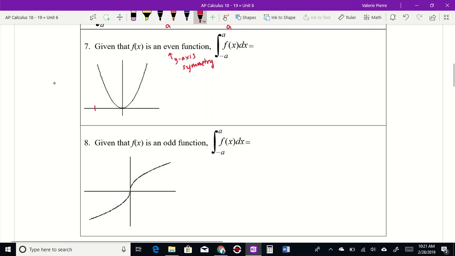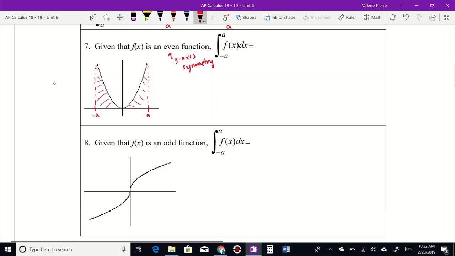So let's say this is negative a, and this is a. They're the same number, just opposite signs. Okay, so if they're the same number, opposite signs, we want the area under the curve of those.